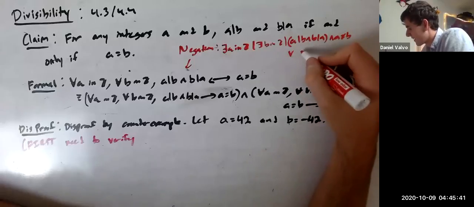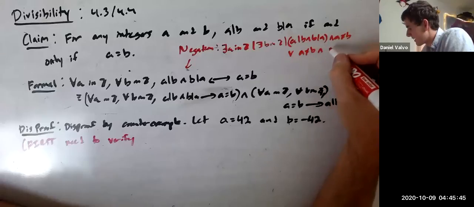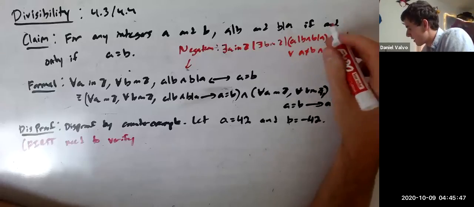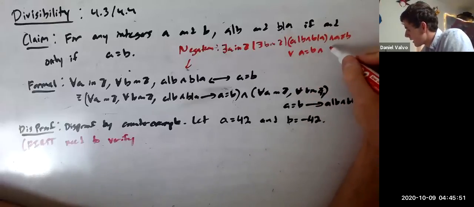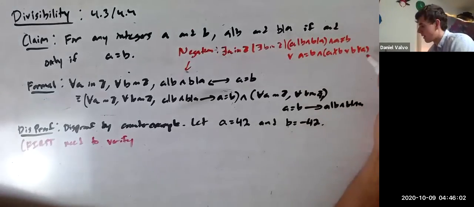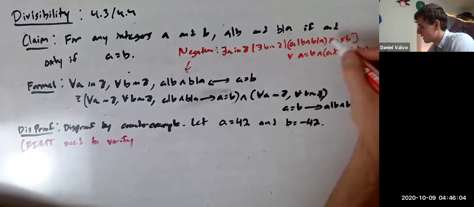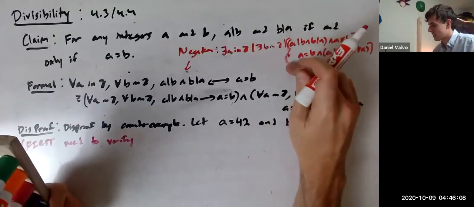Or A is not equal B, and/or A equals B, and A does not divide B, or B does not divide A. If you work it out, this is the negation of this.